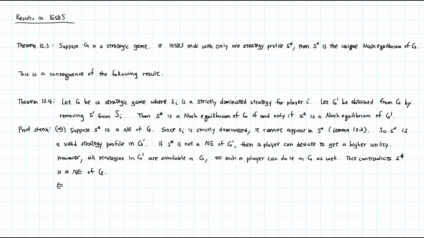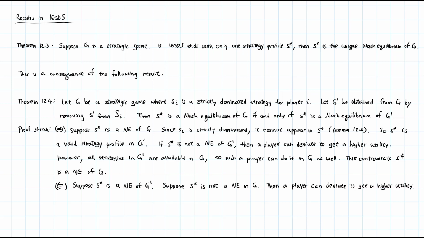For the reverse direction, we suppose that S star is a Nash equilibrium of G prime. We know that S star is certainly a strategy profile for G, so suppose that S star is not a Nash equilibrium in G. Then a certain player can deviate from their own strategy to get a higher utility. Now can this player do the same thing in G prime as well?